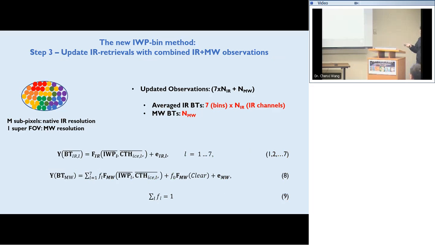The first one is the infrared-only equation for each of the beams, and the second one is microwave. The whole domain observation, we assume, is a linear combination of each part. We know the fraction of each part from infrared, so we can have this equation, and the total fraction is equal to 1.